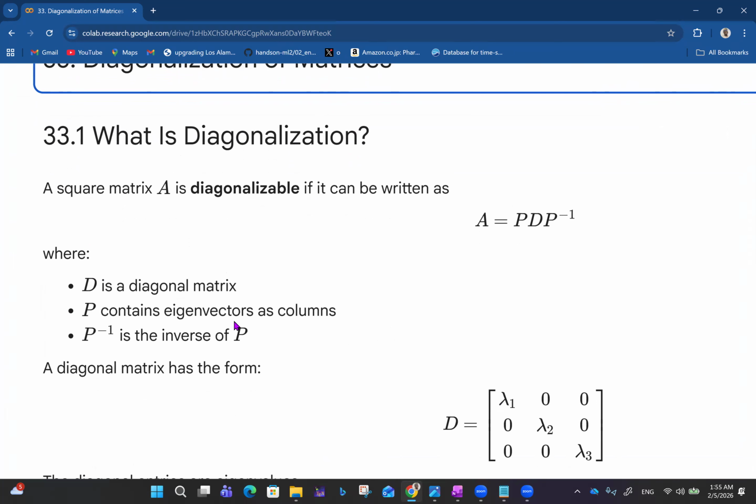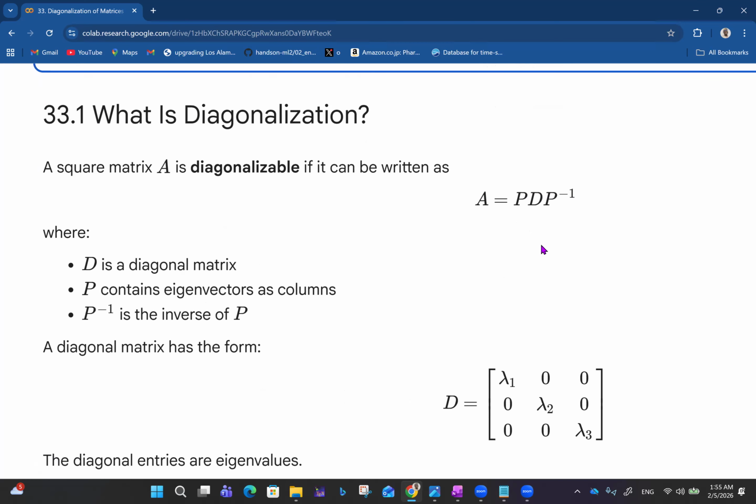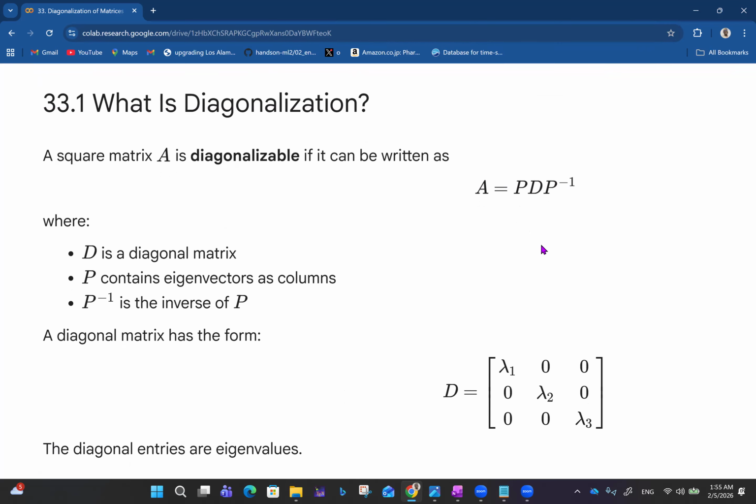Then P contains eigenvectors as columns. So the columns of P are eigenvectors. We already know what eigenvectors are, right? In the first video on eigenvalues and eigenvectors and the one after it, we looked at the process of getting eigenvectors.